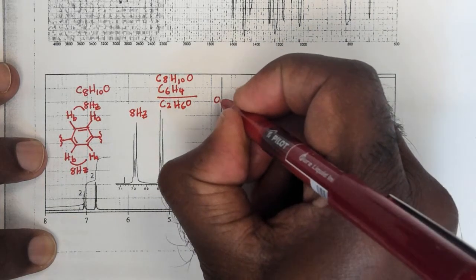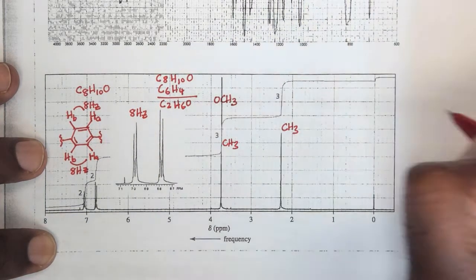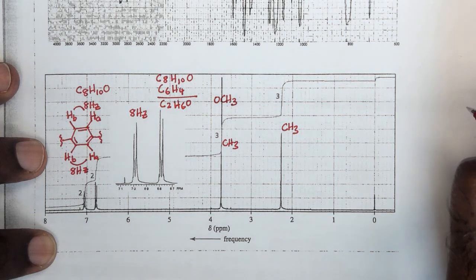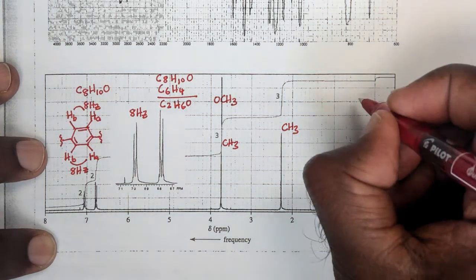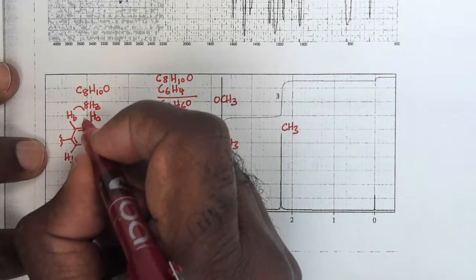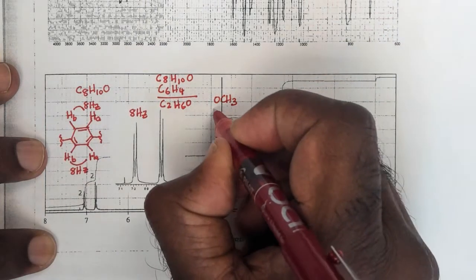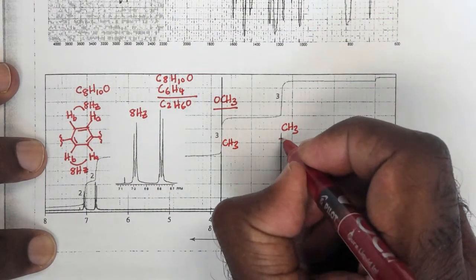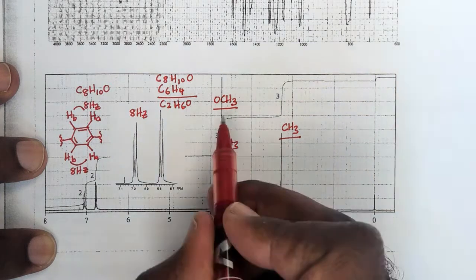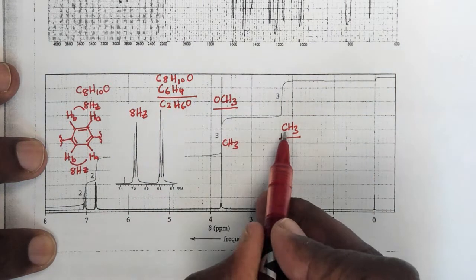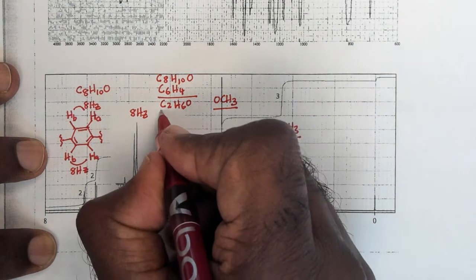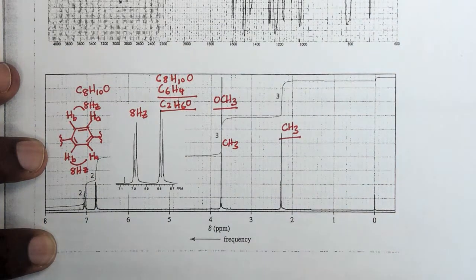So I can have this fragment. I look at all the fragments that I have. I have this aromatic ring, I have that fragment and that fragment, and these two fragments, C2H6O, correspond to what was left over.